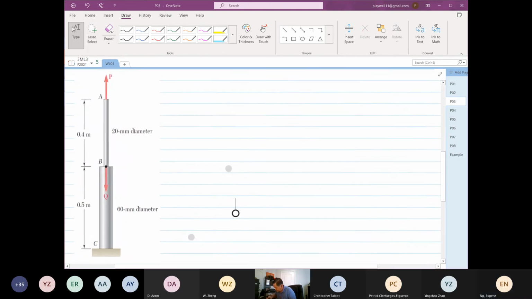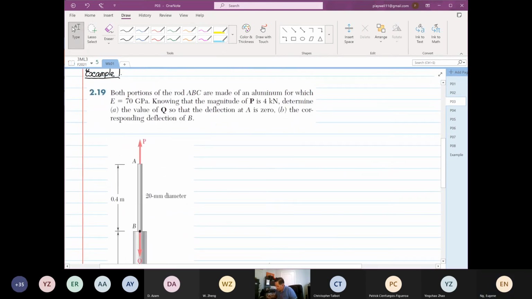Okay. So you can see the portion of the rod ABC is made of aluminum, from which the Young's modulus is 70 gigapascal.